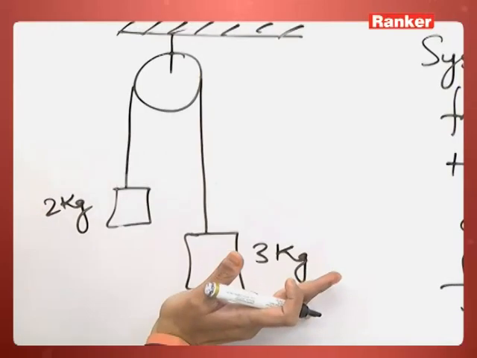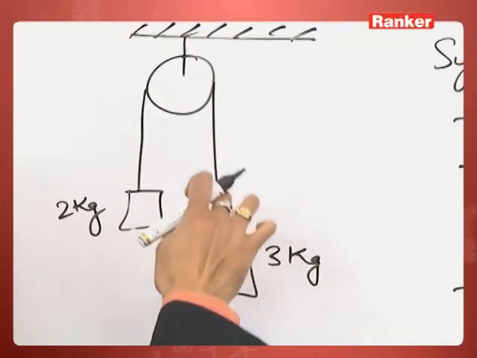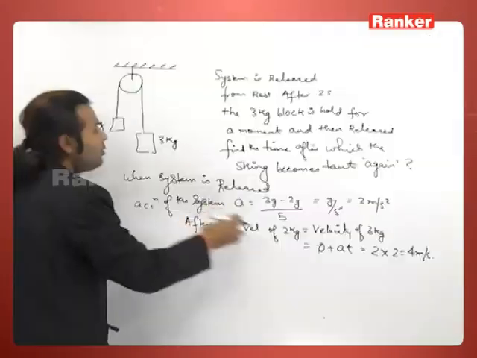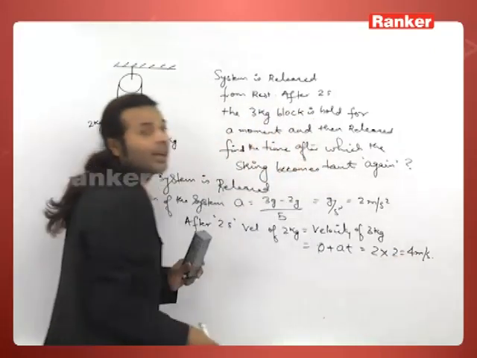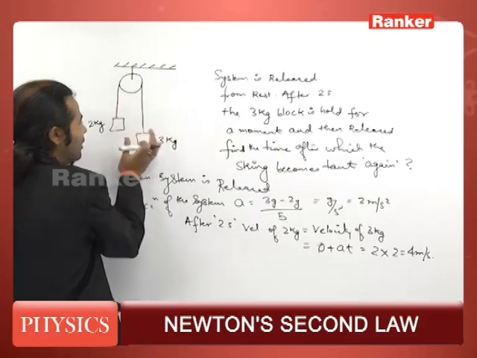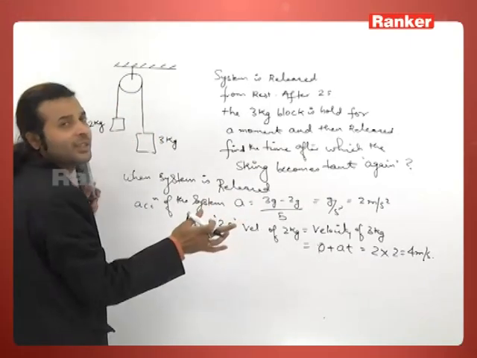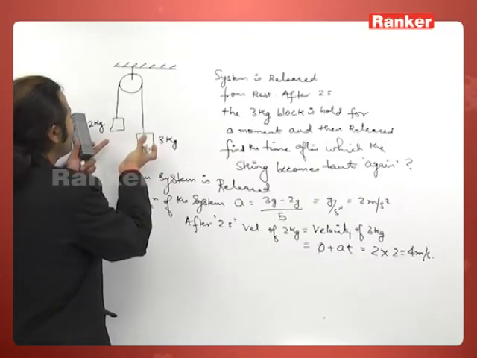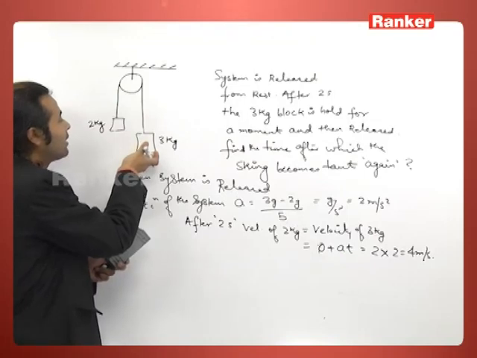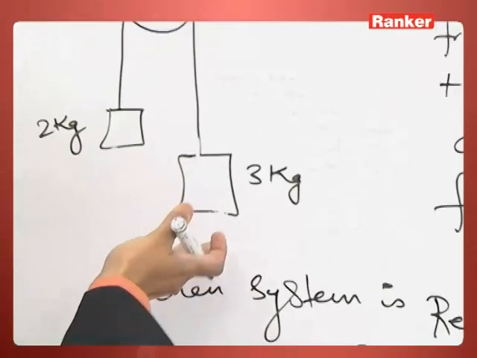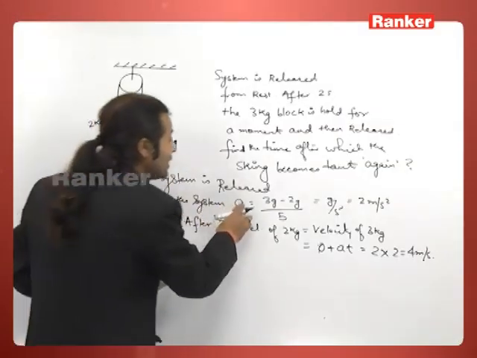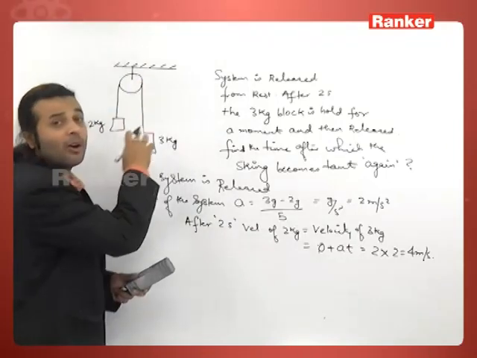But when I am holding this 3 kg block, the tensile force becomes 0 because the string is loose now. The 2 kg block, due to inertia of motion, like Newton's first law, is still moving in the upward direction. Now the 3 kg block is at rest, then suddenly I leave it. When I leave it, the 3 kg block falls down with acceleration due to gravity, not with this acceleration, because the tensile force has already become 0.